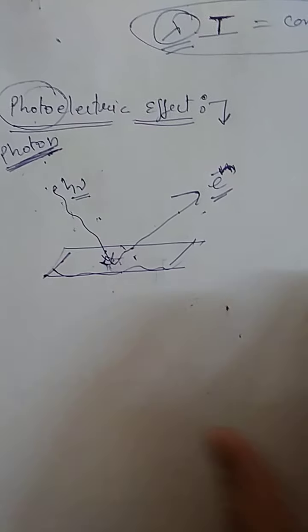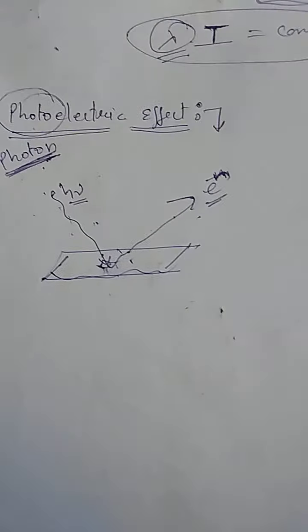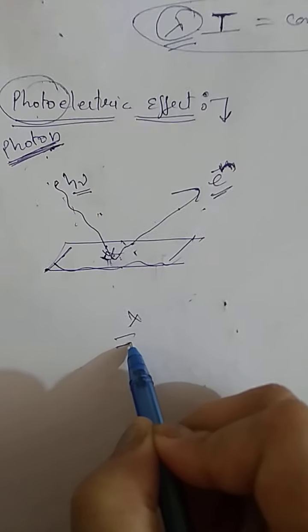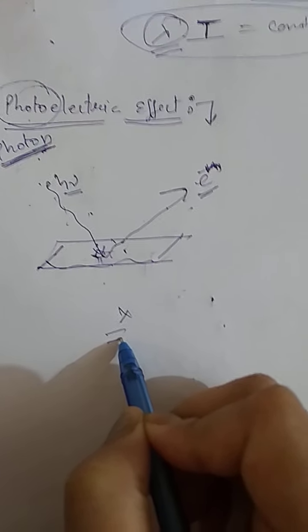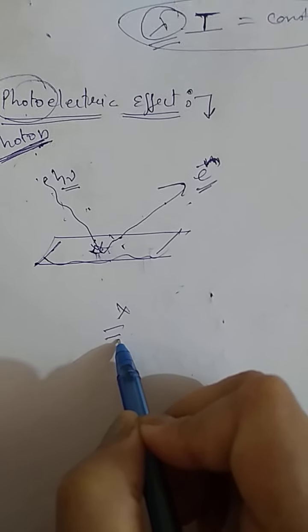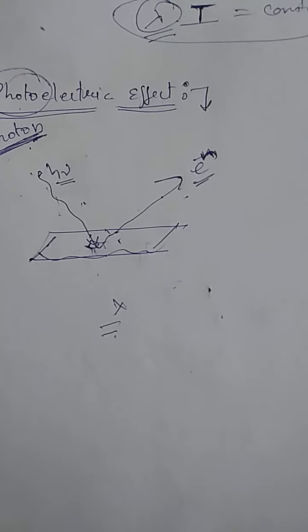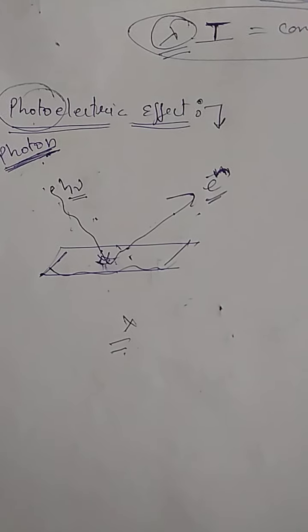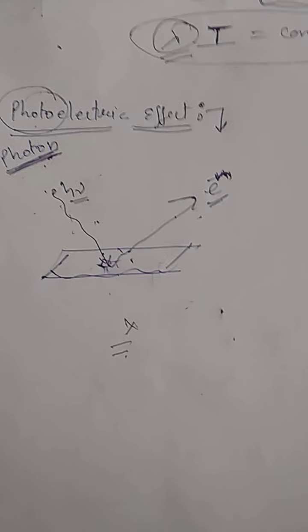Now the question is, can every photon eject an electron? No, not every photon can eject an electron. Only those photons of light having the minimum amount of energy, or the frequency, that is required for the ejection of an electron.